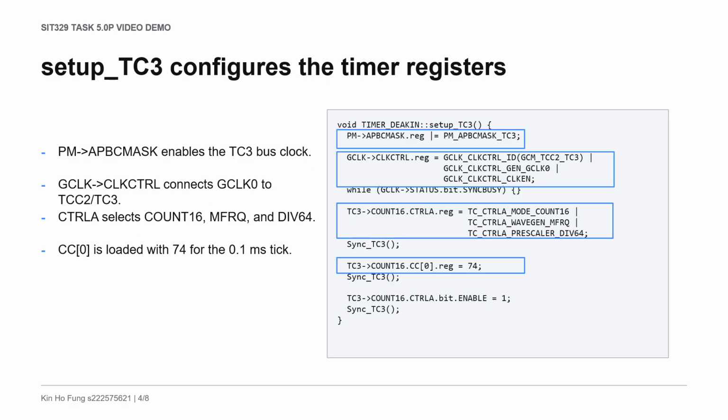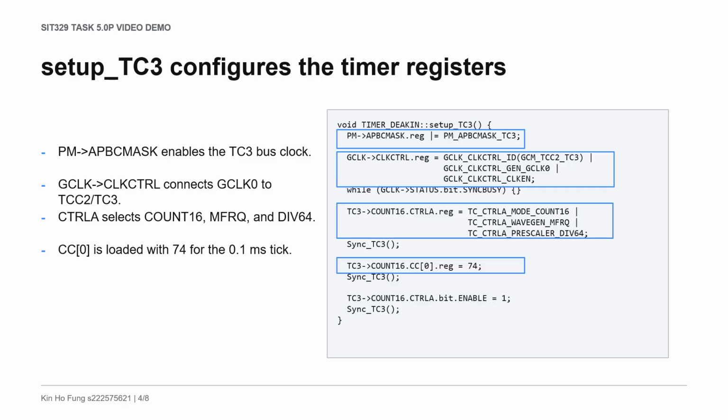This implementation file is where the hardware timer registers are configured using CMSIS register access. First, PM APBCMASK enables the APB clock for TC3. Without this, the timer peripheral would not be clocked. Next, GCLK CLKCTRL connects generic clock generator 0 to the TCC2 and TC3 clock channel.